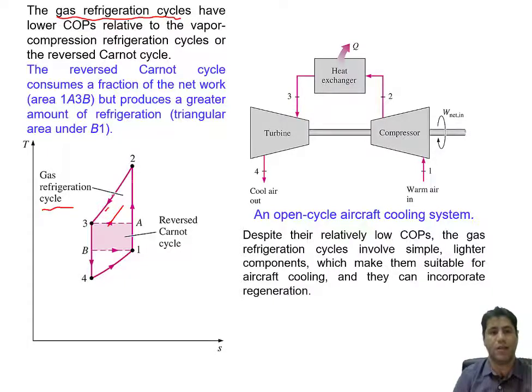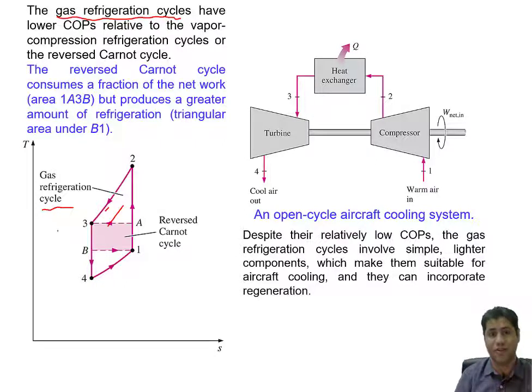In addition to this reason for the higher COP of the reverse Carnot cycle compared to the gas refrigeration cycle, the refrigeration amount for the reverse Carnot cycle is also higher than the refrigeration amount of the gas refrigeration cycle.